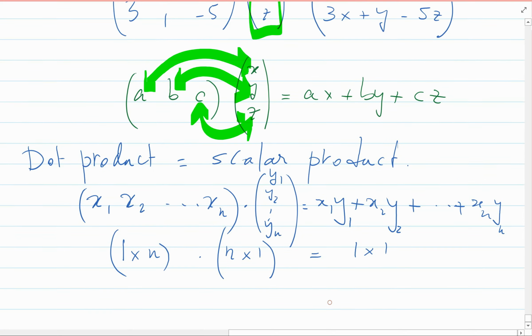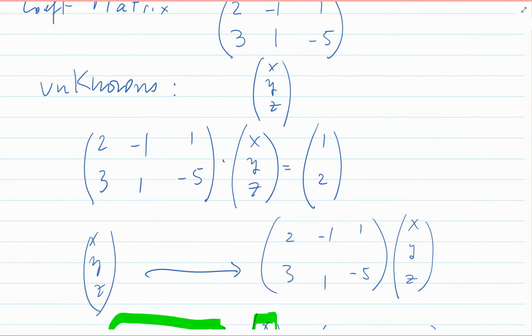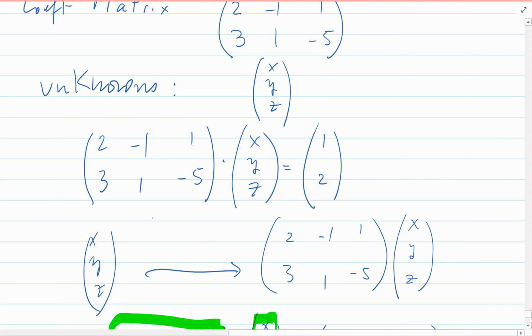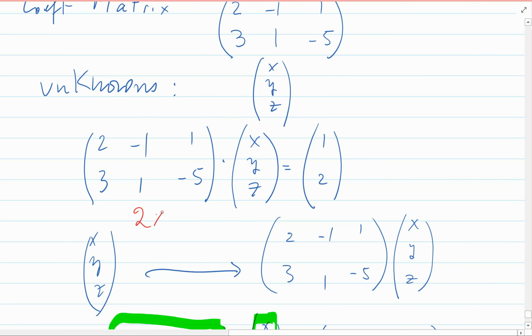Okay? So if you go back here, what do we have? We have 2 rows, 3 columns, so 2 by 3, and here we have 1 column, 3 rows, so 3 by 1. When we multiply them, what did we get? We got 1 column and 2 rows, so 2 by 1.